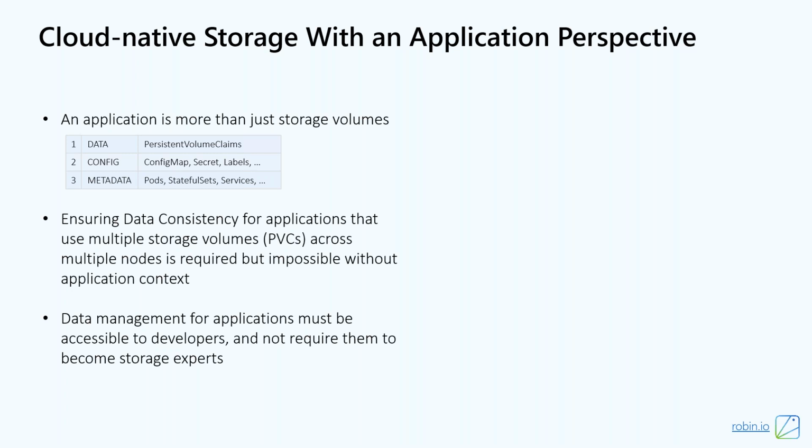And when I say application, this is what I mean in the context of a Kubernetes application. A stateful application is more than just the data, just the storage volumes. When you deploy something like a database, there are multiple components in Kubernetes that are created as a part of the deployment. The first one is data, which will be held in persistent volume claims. But you also create configuration. So these are things like config maps, secrets, labels.